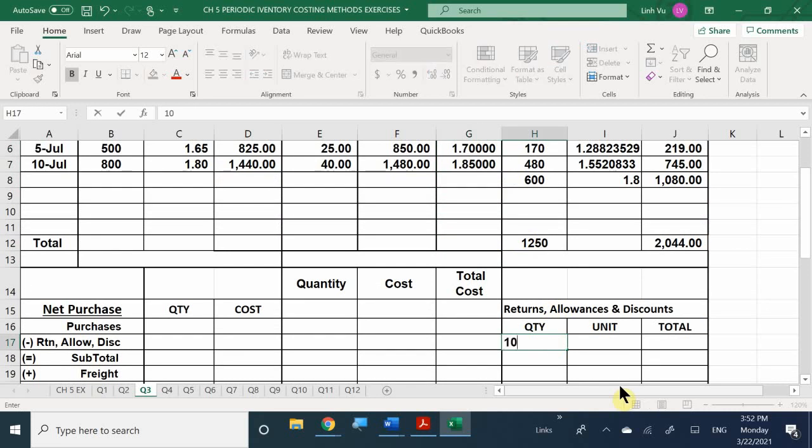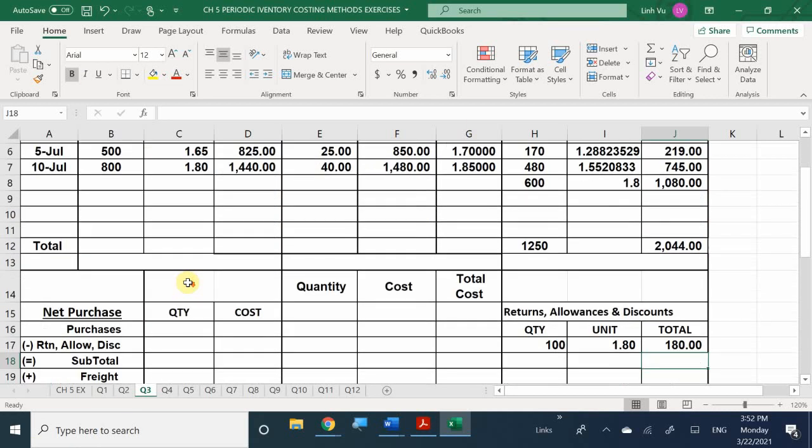Down to the returns, allowances, and discounts. Correct. So we returned 100 items at what cost? $1.80. Okay? So what is my total that I'm expected to get a refund for? $180. Good.